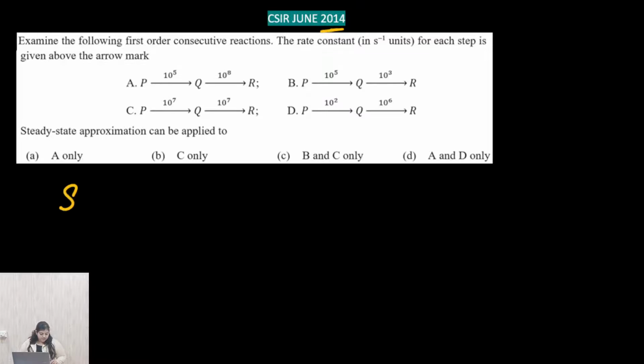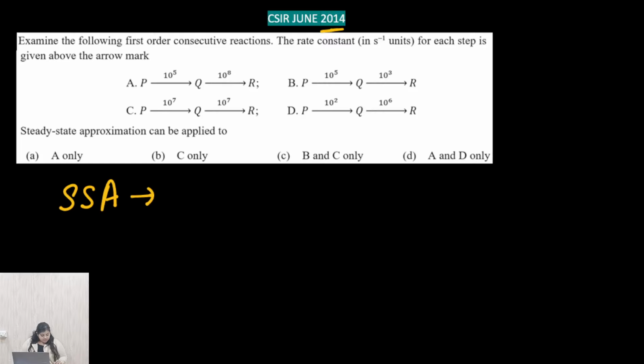SSA means the steady state approximation, which is used to find the orders of reaction for complex reactions. Of the approximation methods, two of them you study. One is the fast equilibrium approximation, and the other is SSA.